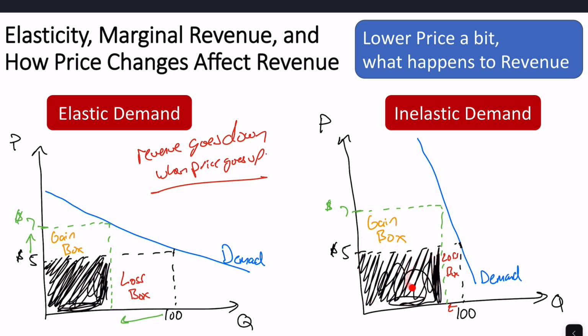All right, so if I'm looking at this, that gain box and increases in revenue outweigh the loss box and losses of revenue from raising that price. And so in total here, we will find that revenue goes up as price goes up.